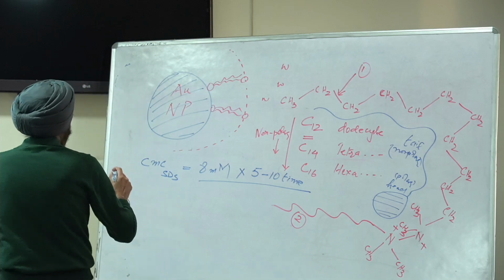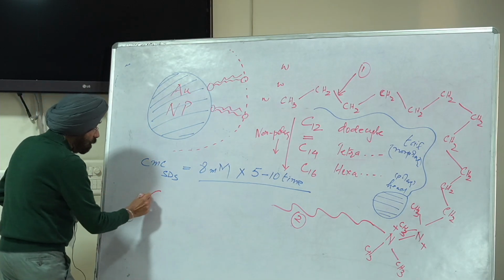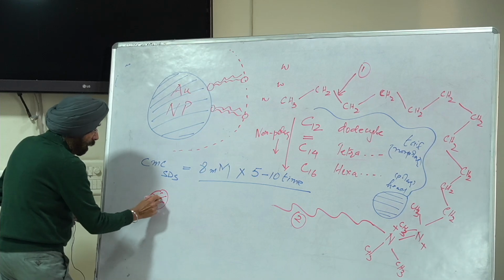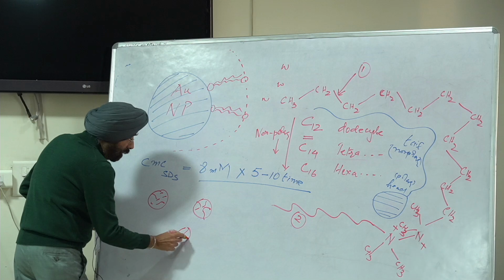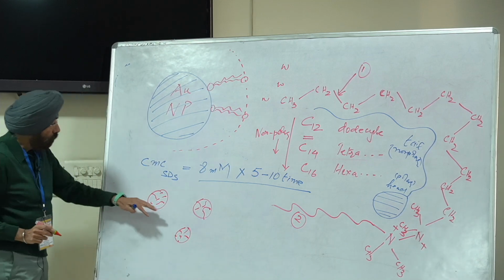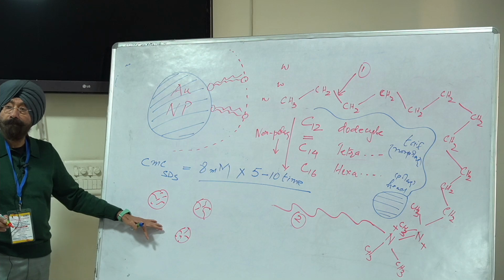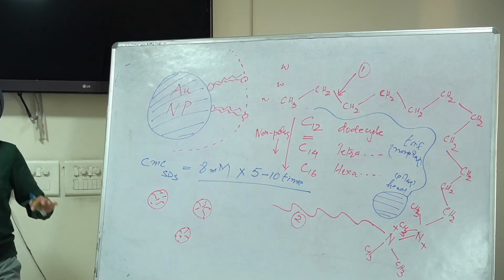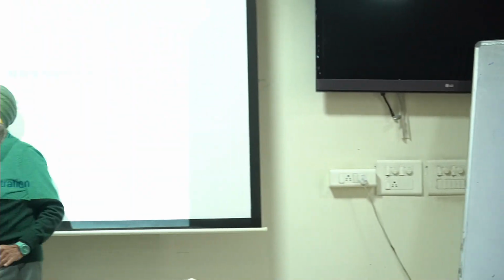If I am creating this, it means that I already have micelles of SDS in the solution. The presence of micelles in the solution confirms that all interfaces are occupied. Do you agree with this statement?